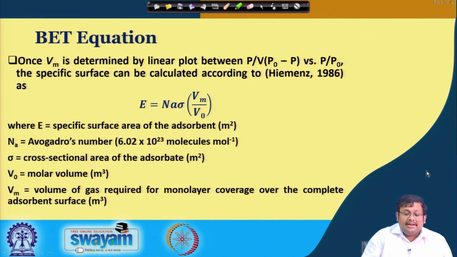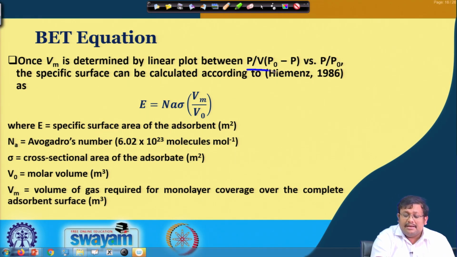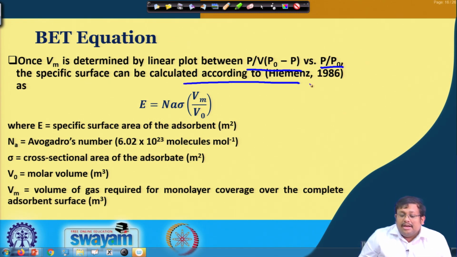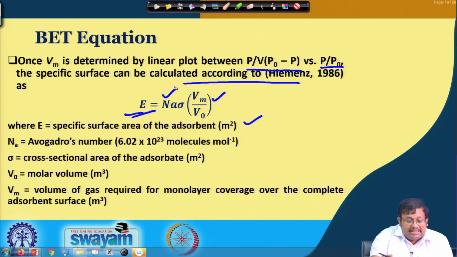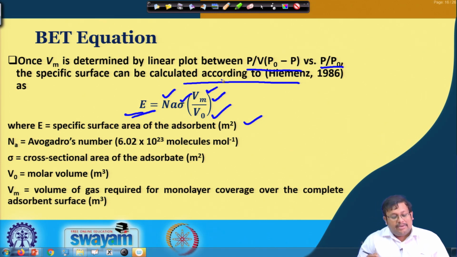Once Vm is determined by linear plot between these two terms, P by V into P0 minus P and P by P0, the specific surface can be calculated according to this formula given by Hines, that is E equal to Na sigma multiplied by Vm by V0, where E is the specific surface area of the adsorbent measured in square meter, and N is Avogadro's number, which is 6.02 into 10 to the power 23 molecules per mole, and sigma is the cross sectional area of the adsorbent in square meter, V0 is the molar volume in cubic meter, and Vm is the volume of gas required for monolayer coverage over the complete adsorbent surface.